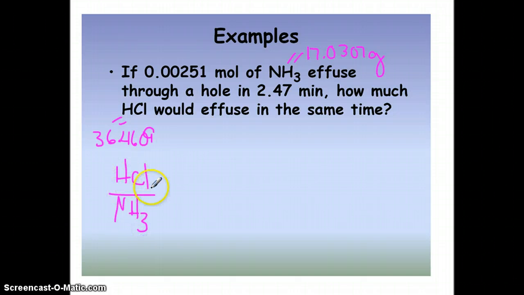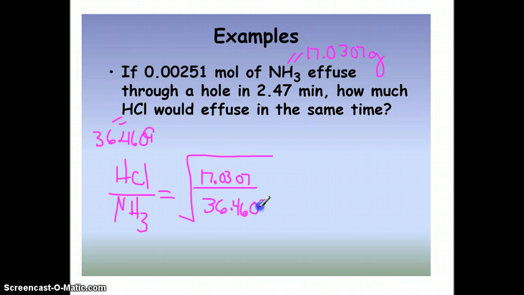So I'm just writing this so we can designate HCl as our first compound and NH3 as the second one. So we get our molar masses straight over here. All right, so we're going to put the molar mass of NH3 on top. So we got 17.0307. Okay, and then the molar mass of HCl on the bottom.